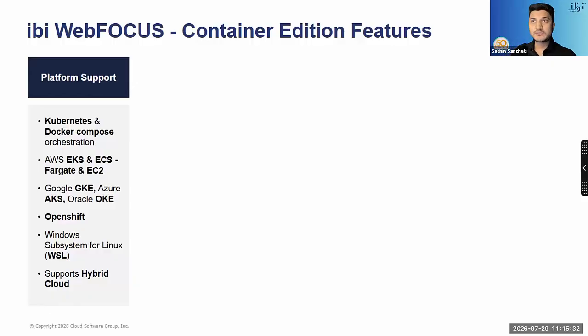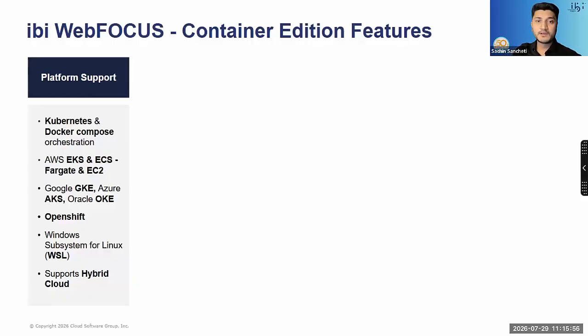Our images are OCI compliant, so they are very flexible and can be run on most Kubernetes platforms. To name a few, we support EKS, ECS, Fargate, and EC2. For Google, we support GKE, for Azure, AKS, and Oracle OKE as well.